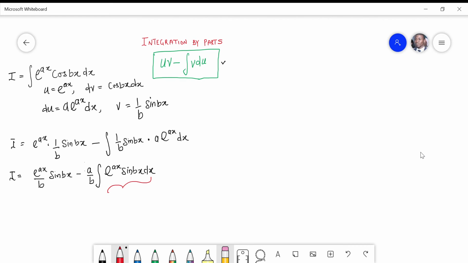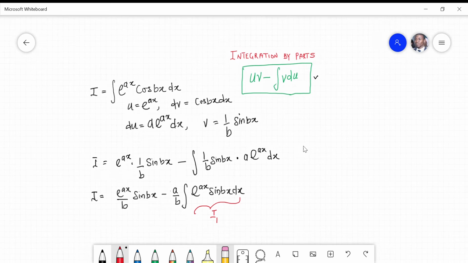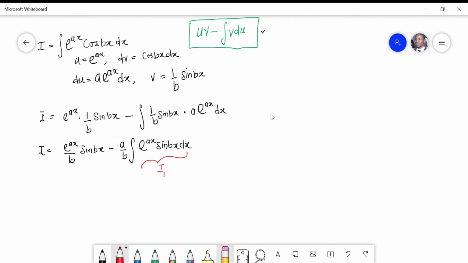So to integrate that again, all you have to do to make it simple so that it's not complicated is call this integral I1.